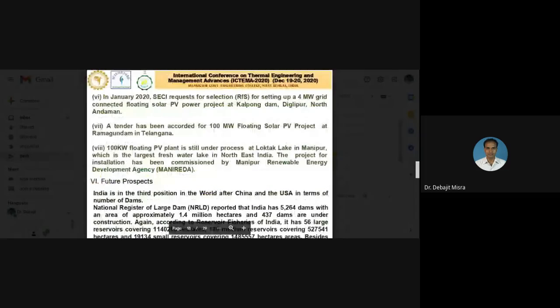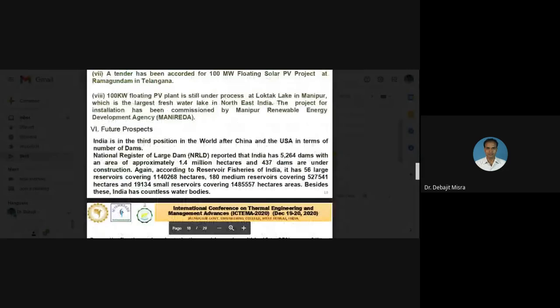Then future prospect. India is in third position in the world after China and USA in terms of number of dams, and the National Register of Large Dams reported that India has 5,264 dams. According to the reservoirs of India, 56 large reservoirs cover 11,14,268 hectares, and there are other medium and small reservoirs.